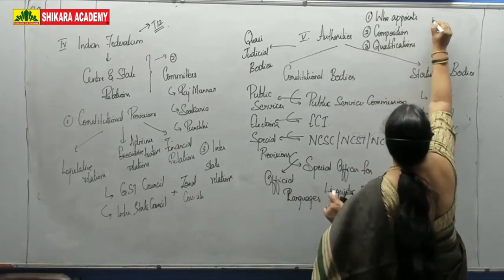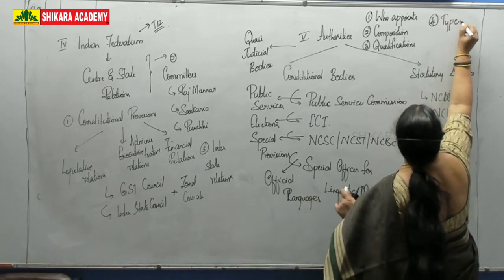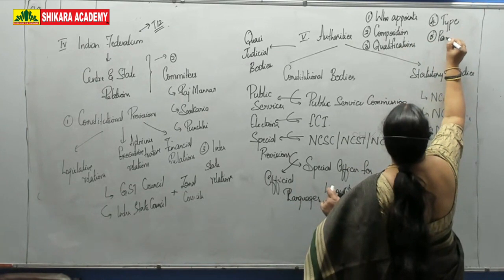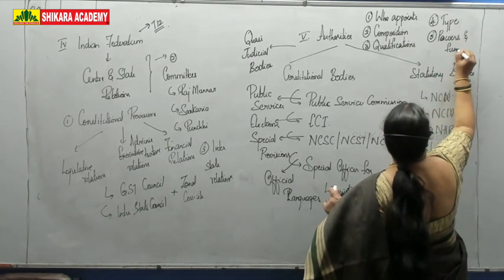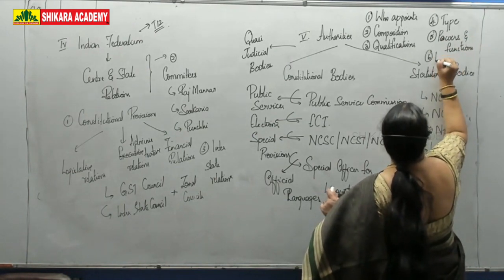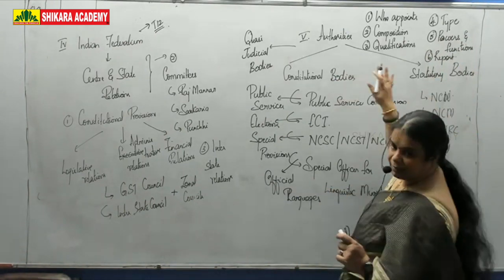Is it constitutional, statutory, quasi-judicial, advisory? 5. What are its powers and functions? 6. Does it submit a report, to whom, when? All these things we are going to study with respect to these bodies.